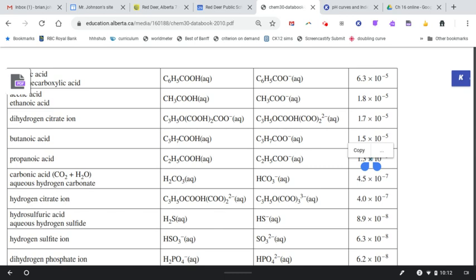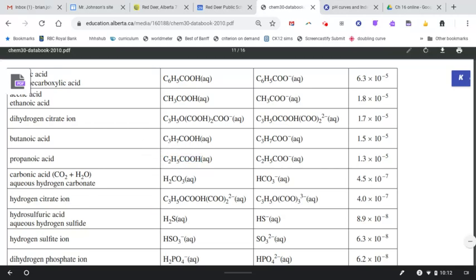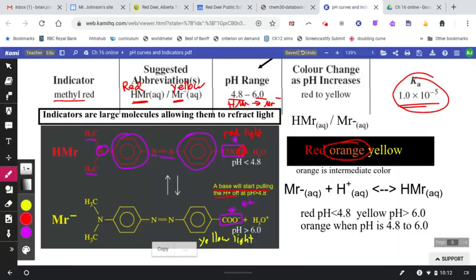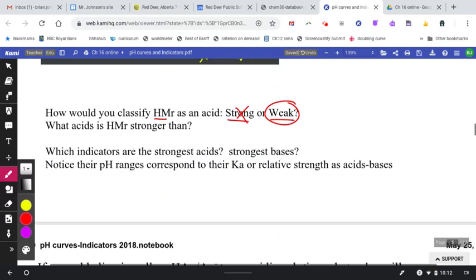Okay, so that means propanoic acid is stronger, carbonic acid is weaker. So it would sit right between these two acids, right below propanoic acid. So it's stronger than carbonic, it's stronger than hydrogen citrate, it's stronger than hydrosulfuric, it's stronger than all of these. So you can use that Ka value to compare the relative strengths of indicators to other acids.